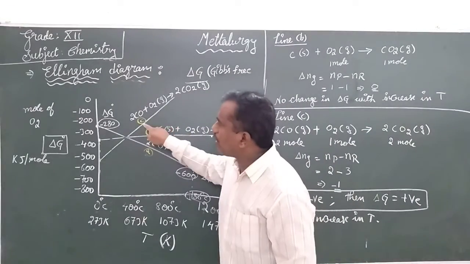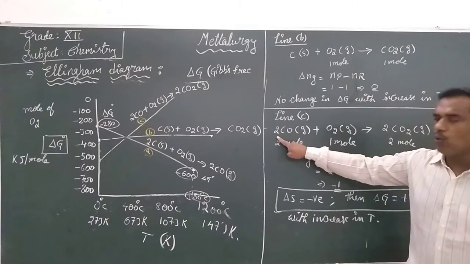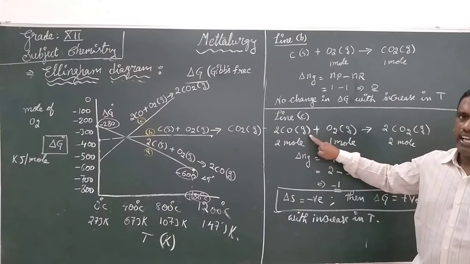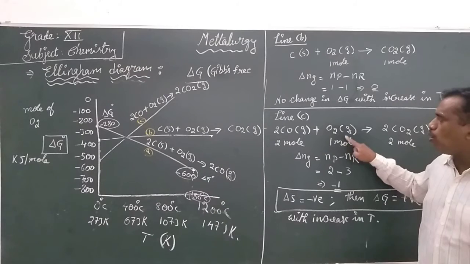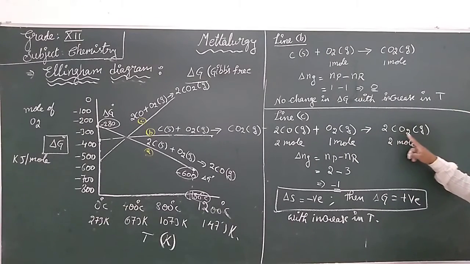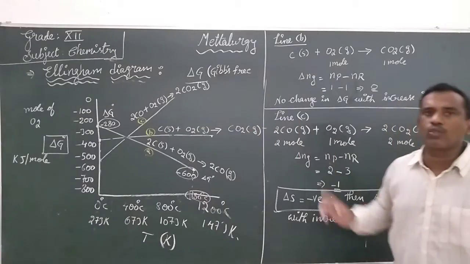What is the reaction on this line C? You can observe 2 moles of carbon monoxide gas were reacting with 1 mole of oxygen gas to form 2 moles of carbon dioxide gas. In the line C, it was a positive slope.